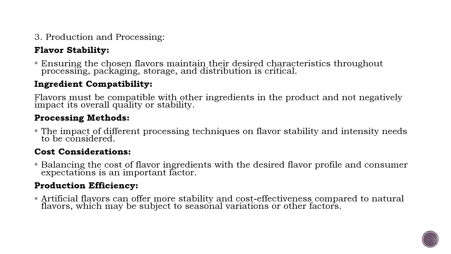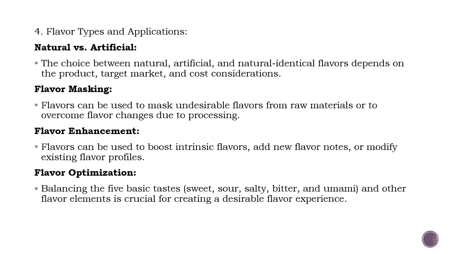Processing method: the impact of different processing techniques on flavor stability and intensity needs to be considered. Cost consideration: balancing the cost of flavor ingredients with the desired flavor profile and consumer expectation is an important factor. Production efficiency: artificial flavors can offer more stability and cost effectiveness compared to natural flavors, which may be subject to seasonal variation or other factors.